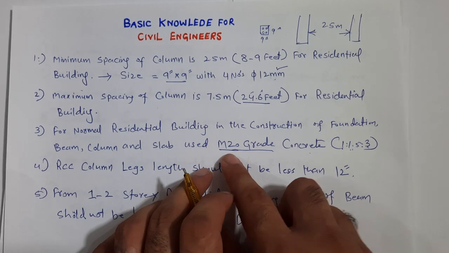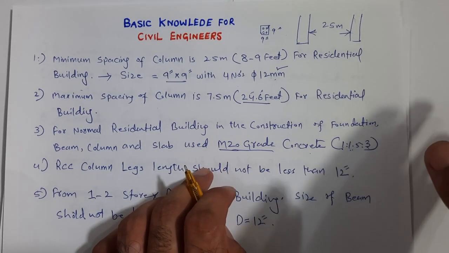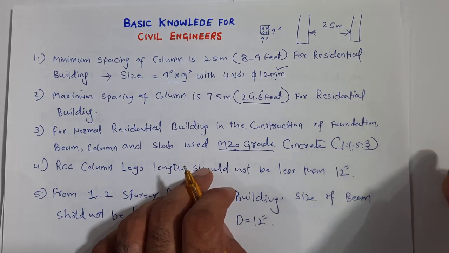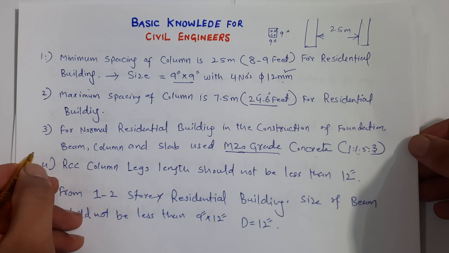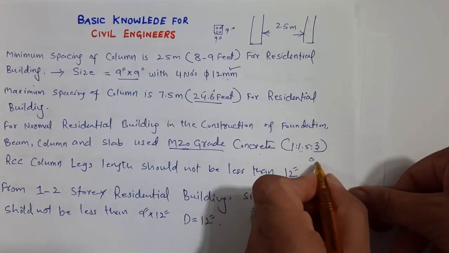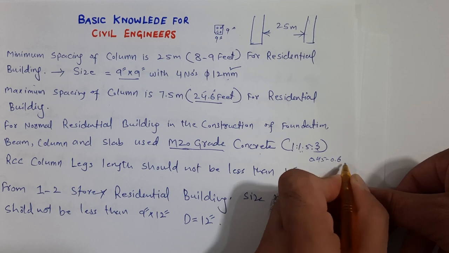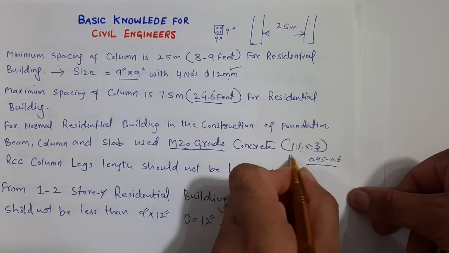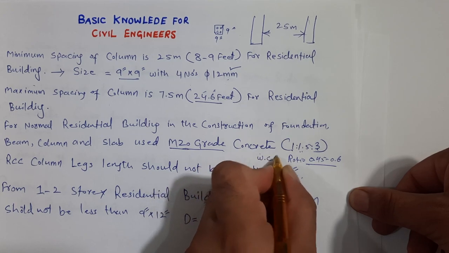Don't use less than M20 grade of concrete for a normal residential building, because grade of concrete is very important. In this case you can also use the water cement ratio. You can keep it from 0.45 to 0.6. This is the water cement ratio, WCR.